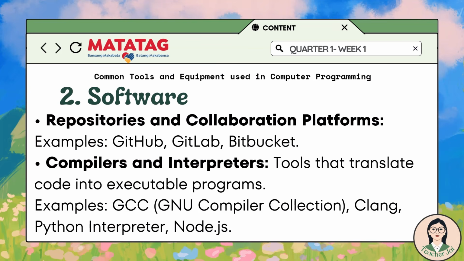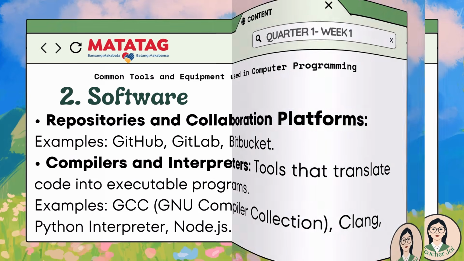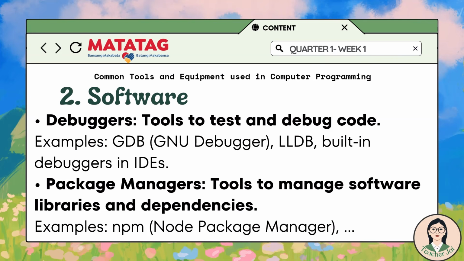Compilers and interpreters, tools that translate code into executable programs. Examples: GCC, GNU Compiler Collection, Clang, Python Interpreter, Node.js. Debuggers, tools to test and debug code. Examples: GDB, GNU Debugger, LLDB, built-in debuggers in IDEs.